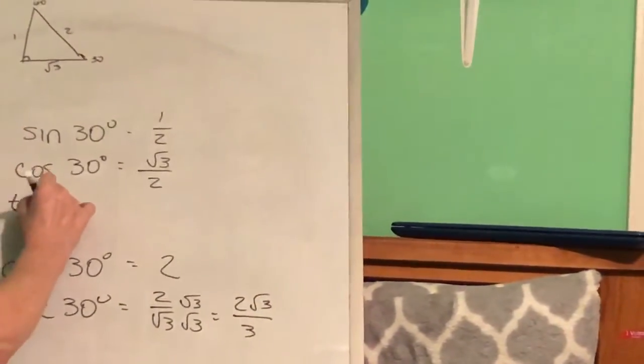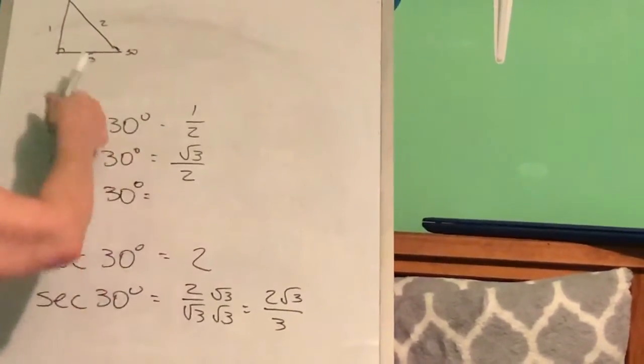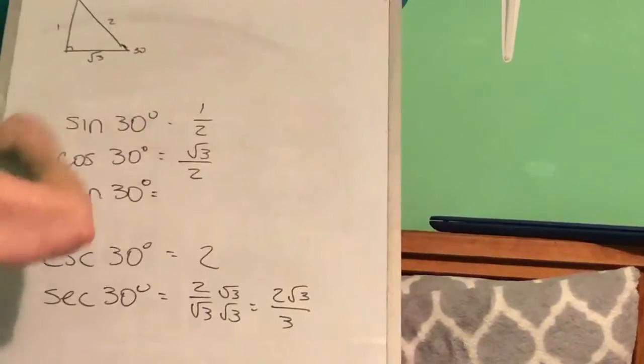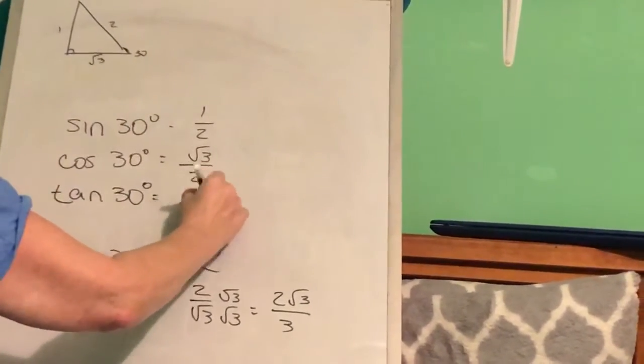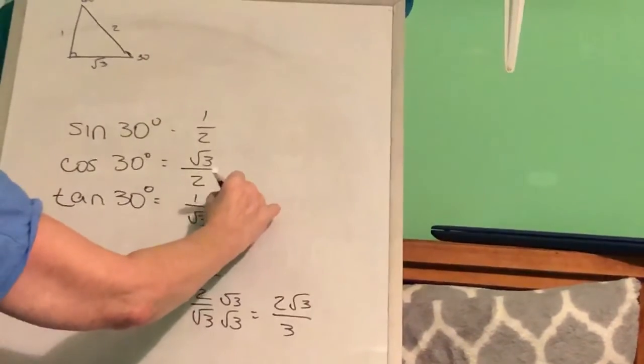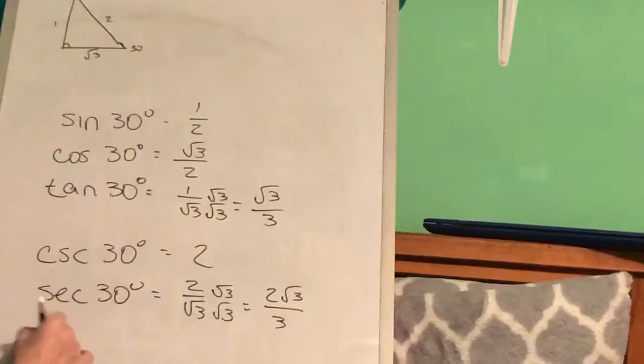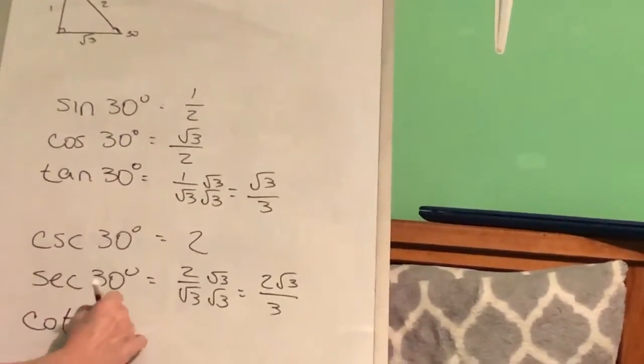And finally, the tangent of 30 degrees is equal to opposite over adjacent, 1 over the square root of 3, which has to be rationalized, giving the square root of 3 over 3.